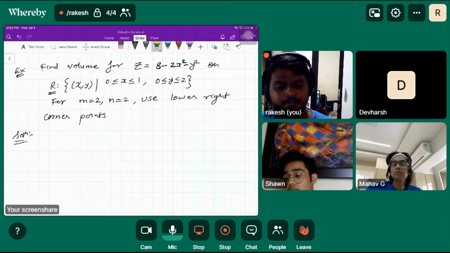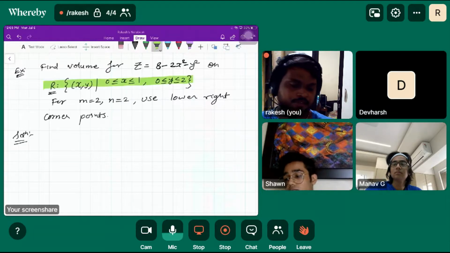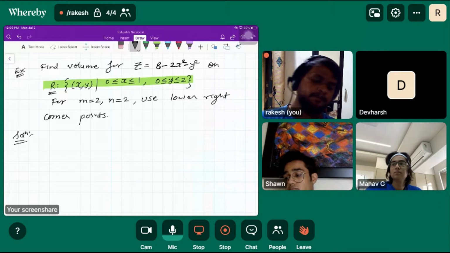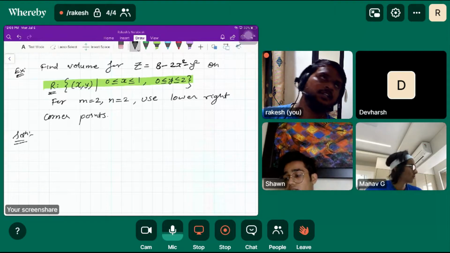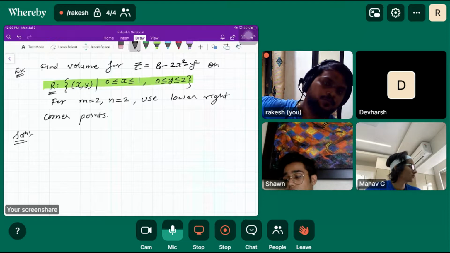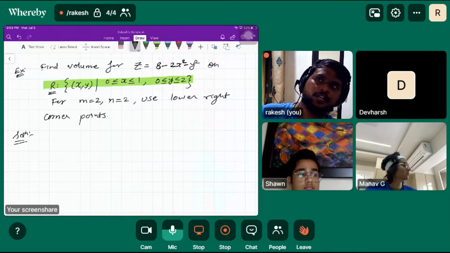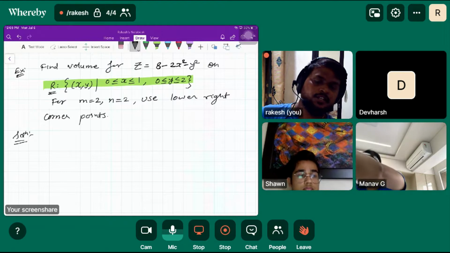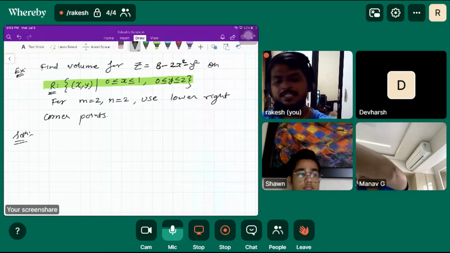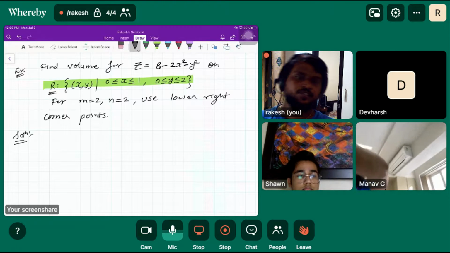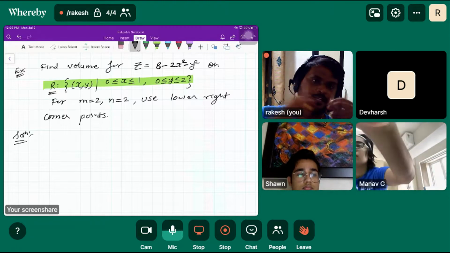So this is very important. The region is very important. As we have already drawn in derivatives also, when we were trying to find the critical points and the absolute maxima or absolute minima of the function within the boundary. Do you remember that?